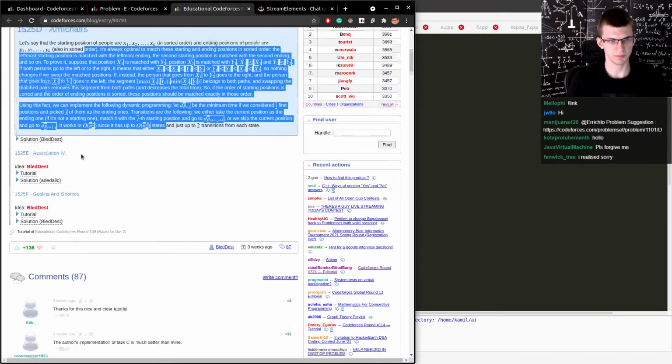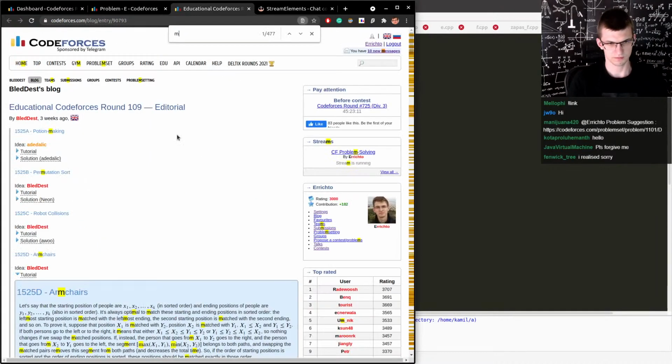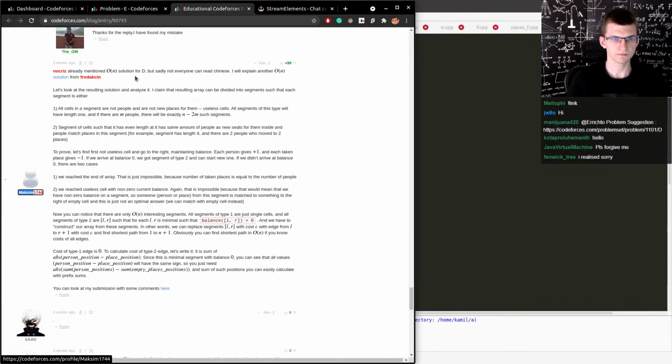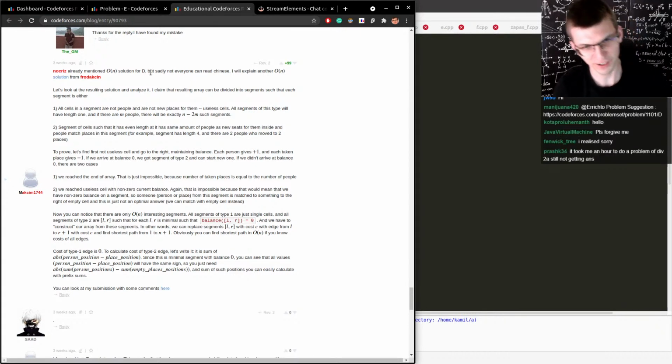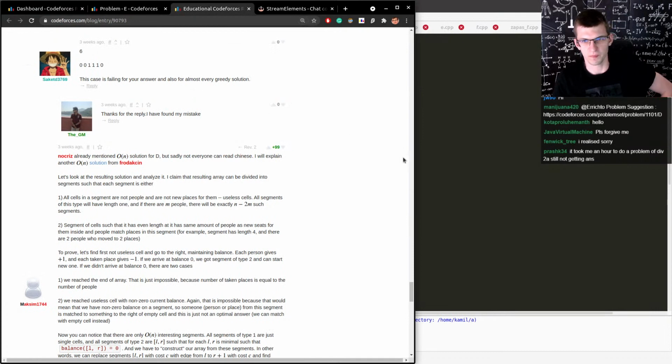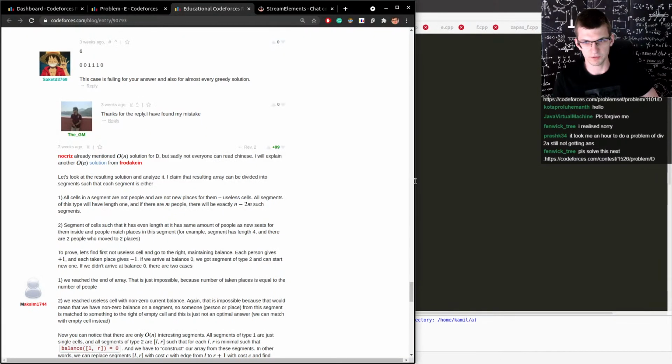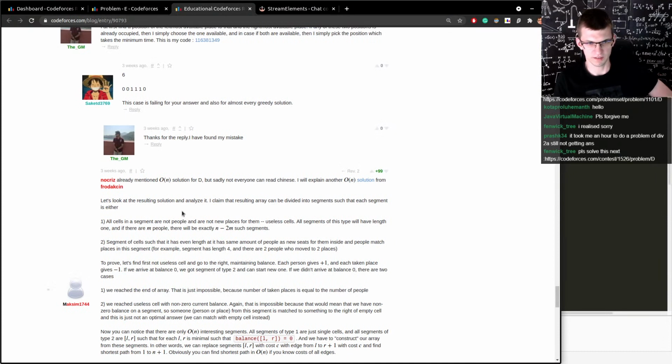I think it's the same DP. Sadly, not everyone can read Chinese. Array can be divided into segments. All cells in a segment are not people and are not new places for them, useless cells. Sure.